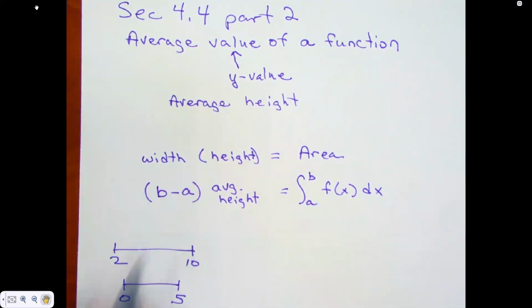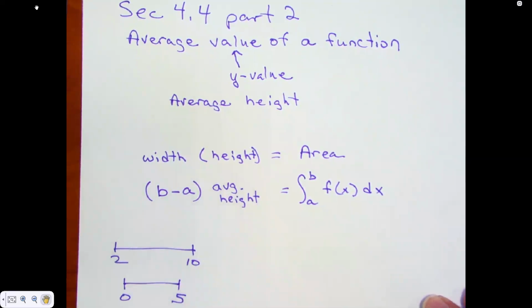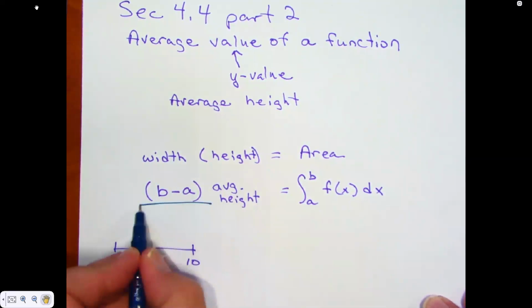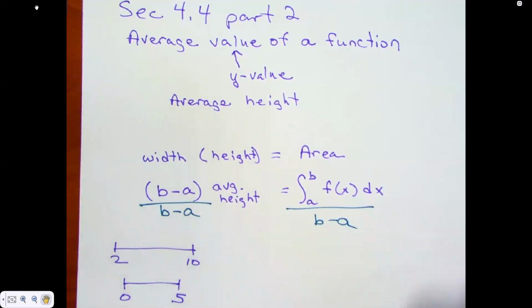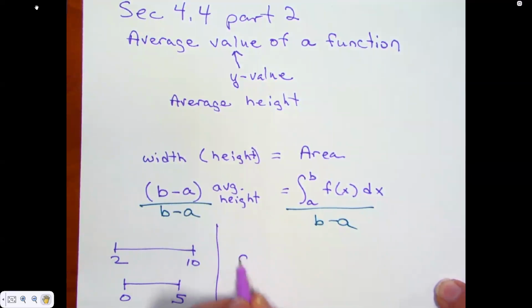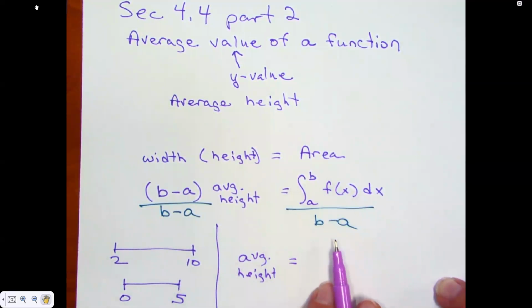All right, and then because we want to get this by itself, we want a formula for average height. We're going to divide both sides by b minus a. So here's our formula. Average height is equal to, and instead of writing it like this, which you totally can, so this does not get mixed up with the integral, we write 1 over b minus a and then times the integral of f of x.